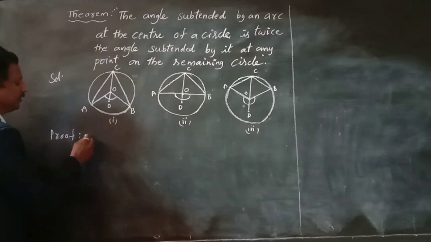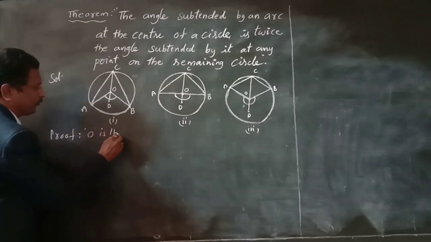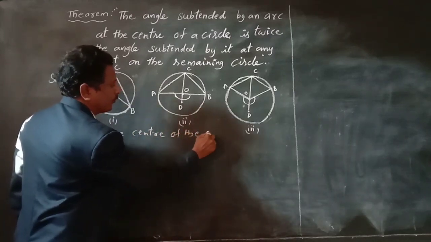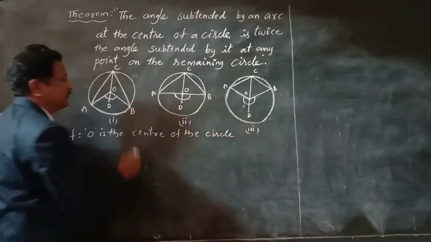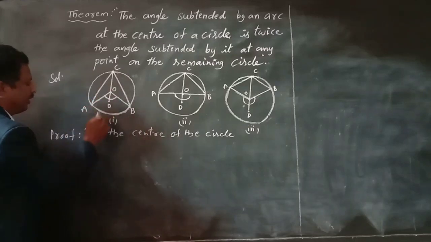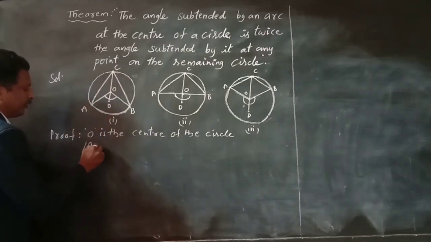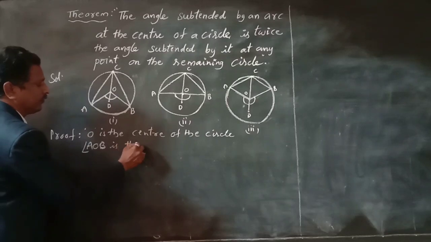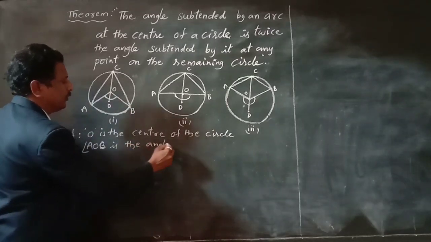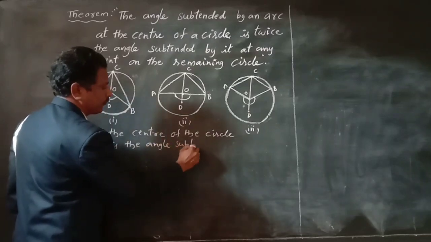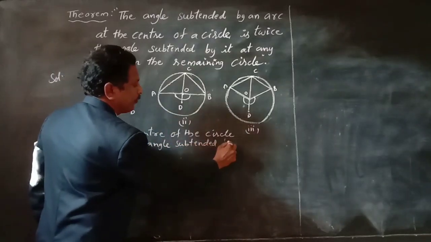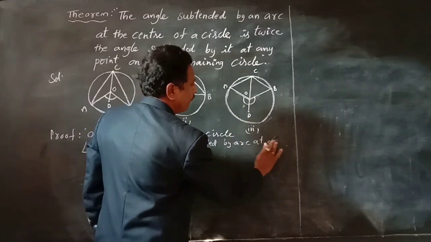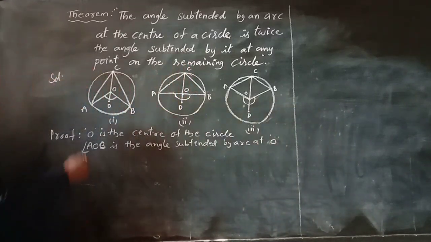So, prove: O is the center of the circle, and angle AOB is the angle subtended by the arc at O, at the center.